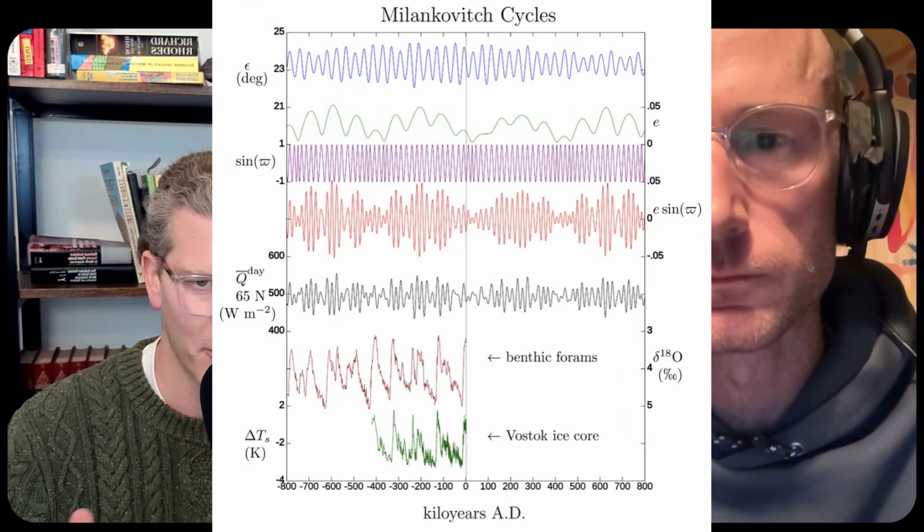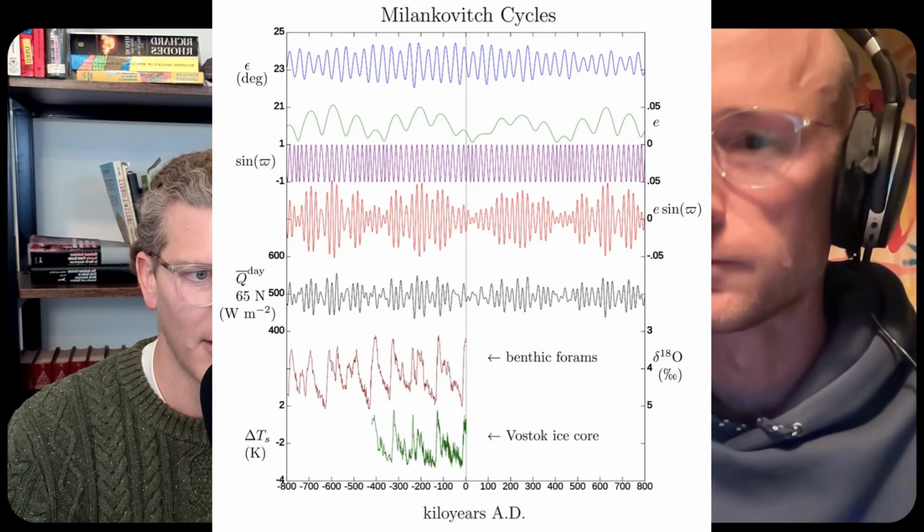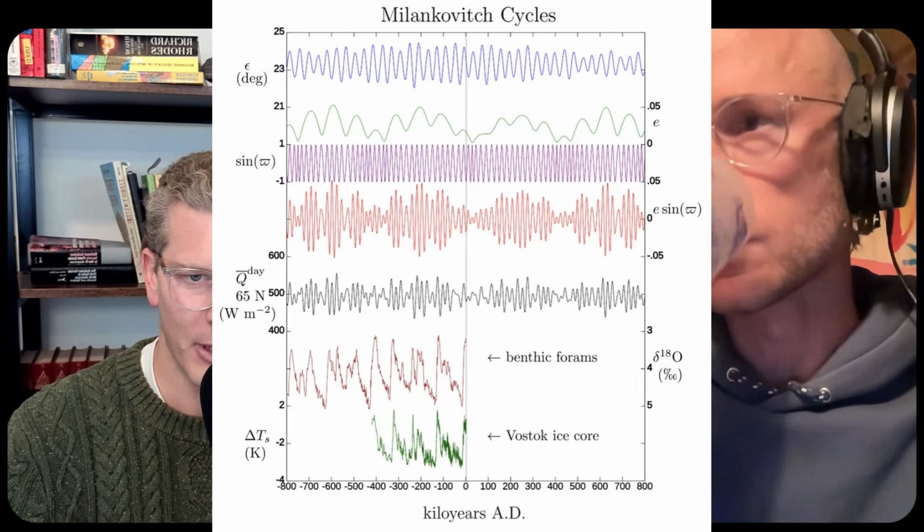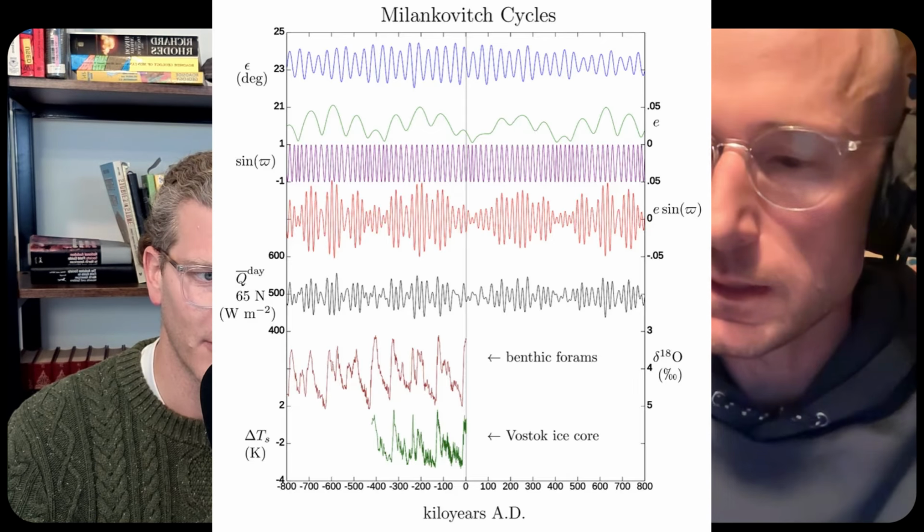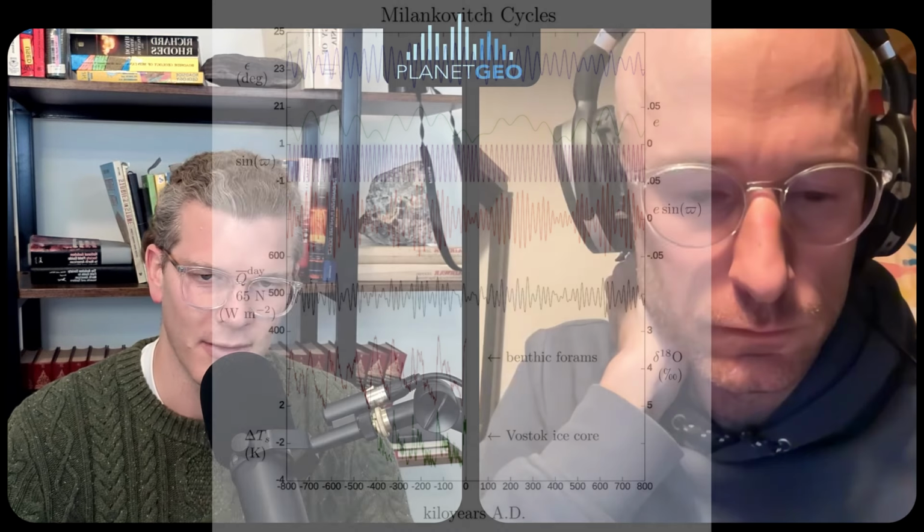So there's eccentricity, which is basically is the Earth's orbit a circle or an oval, and if it's an oval, how offset is it from the sun? That has about a 100,000 year cycle today. Obliquity has about a 41,000 year cycle, and then axial precession, which is the wobbling of the top, is about a 26,000 year cycle.